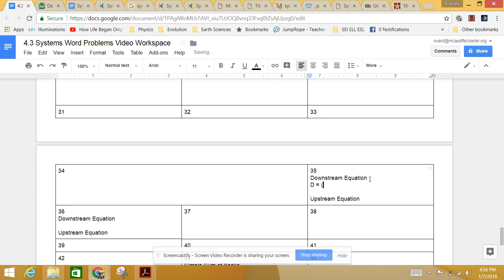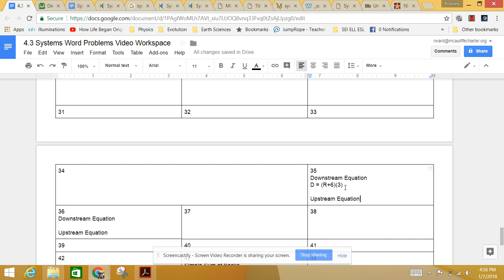I know my current is 6 miles per hour, but I don't know my rate without the current. Going downstream, though, I'm going to add the current, and it's going to take me a time of 3 hours. So distance equals rate, which is R plus 6, because the current is helping me, times 3.